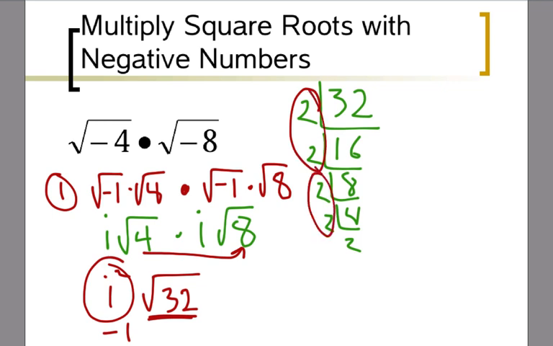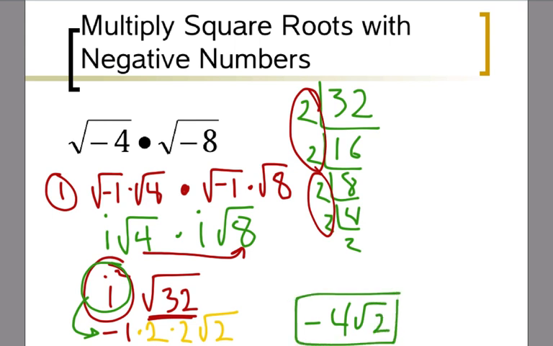In other words, I get to pull out a 2 times another 2, and left inside is the 2. So I need to multiply all this together. Again, the i squared turned into my negative 1, so negative 1 times 2 gives me negative 4 root 2. Okay, that's the correct and only way to do it.